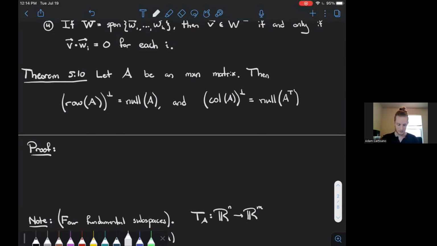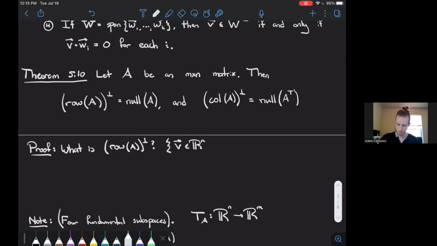Okay. So the proof goes like this. What is the orthogonal complement of the row space of A? That is the set of vectors whose dot product with every row of A is 0. I'll write the set of vectors V in Rn.